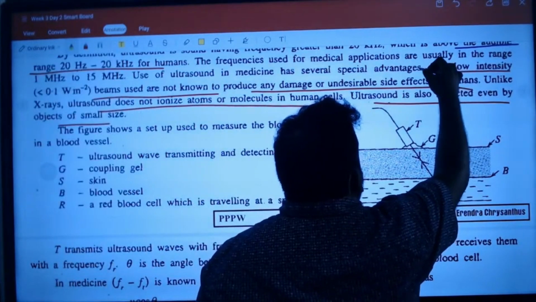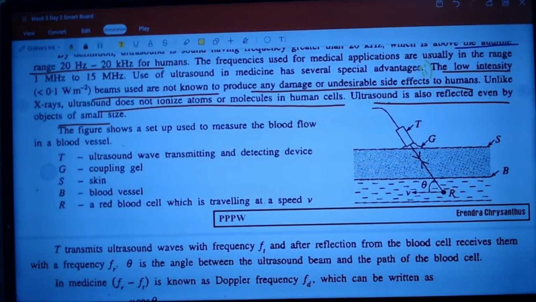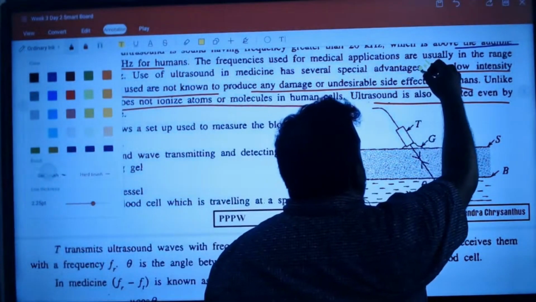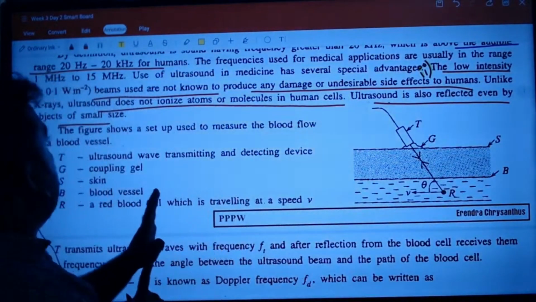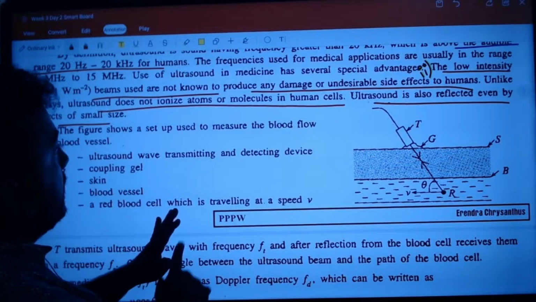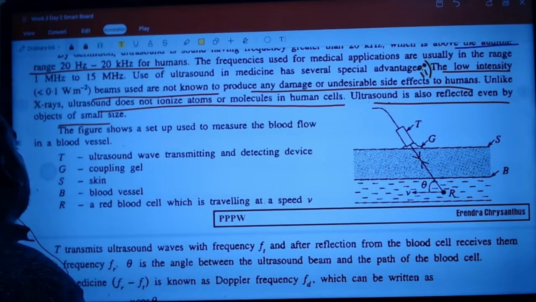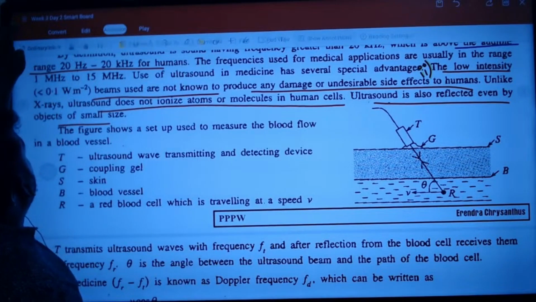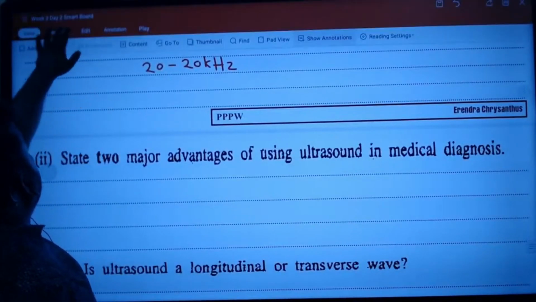Roman number 2 answers we want in black itself, right? Finished. Low intensity, does not produce any undesirable effect. Does not ionize atoms or molecules. Also reflected by very small objects. Right. Okay. Next. So we have done this. Don't forget.